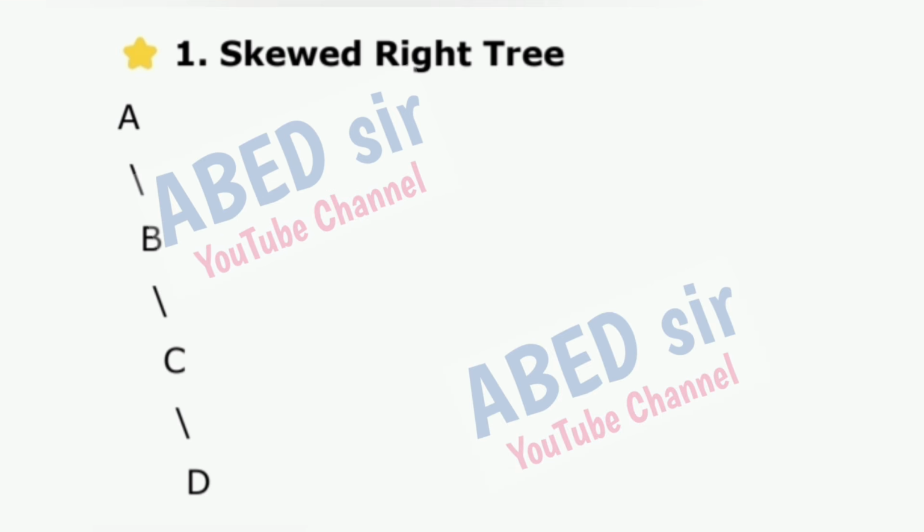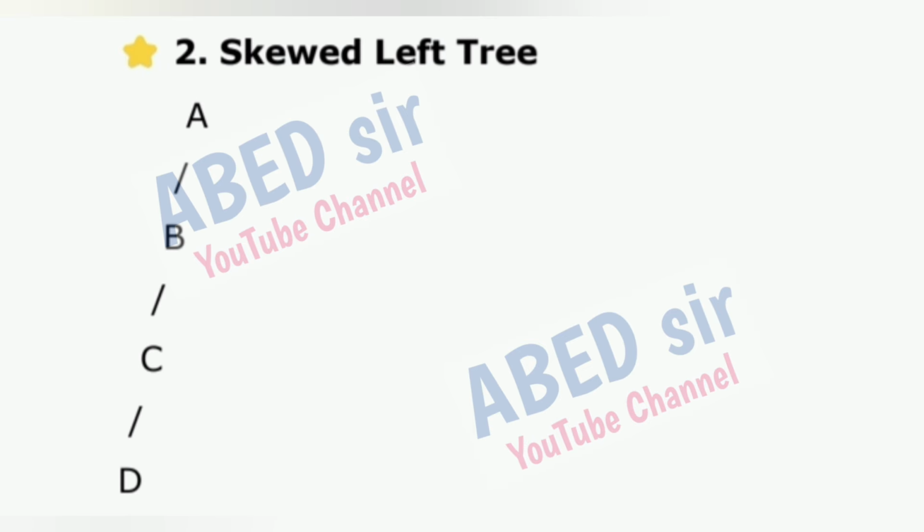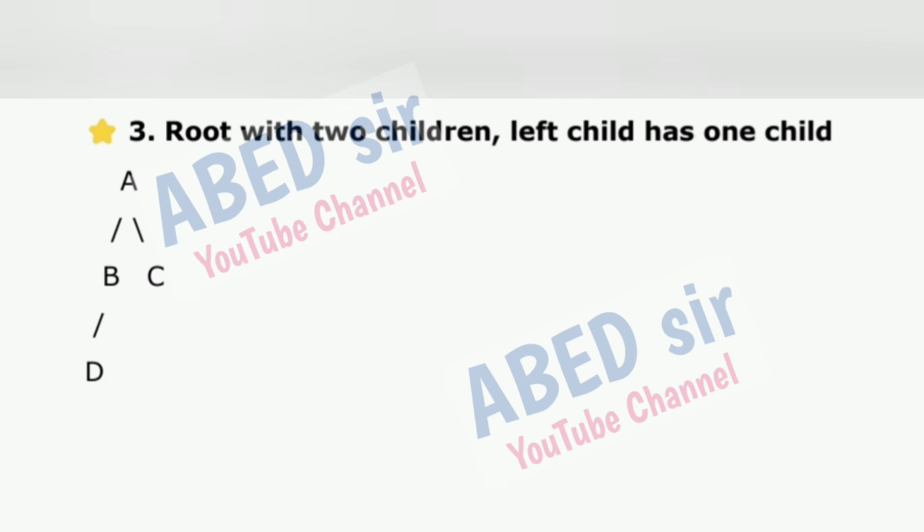1. Skewed right tree: A, B, C, D. 2. Skewed left tree: A, B, C, D. 3. Root with 2 children, left child has 1 child: A, B, C, D. 4.